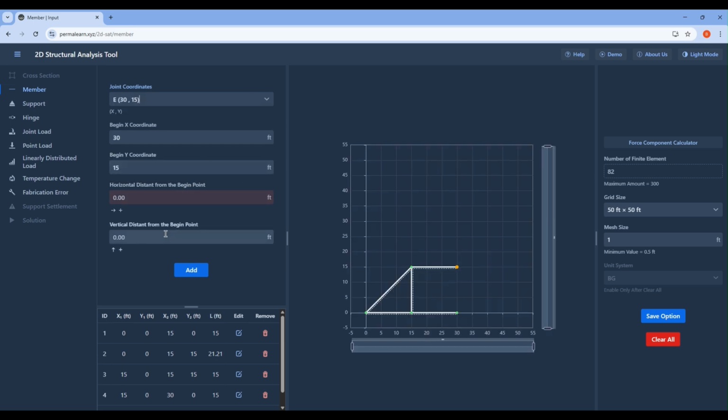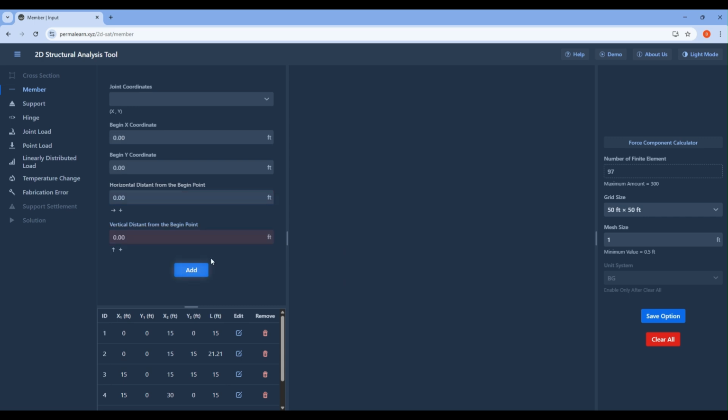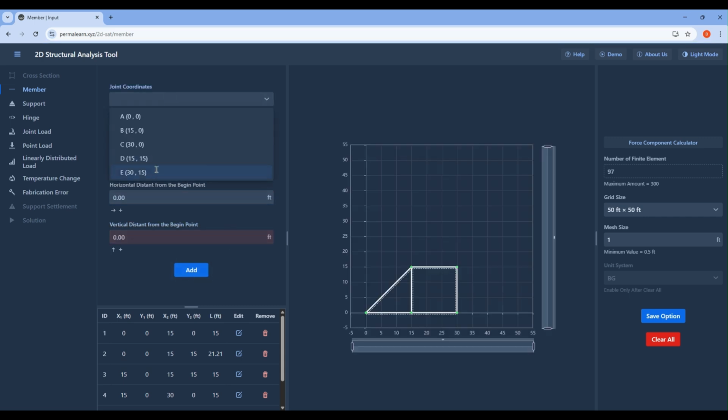From point E here, it's going downward 15, so it's negative. And from point E here, it's going to the right 15 and going downward 15, so it's minus 15. And from this joint C, it's going to the right 15.